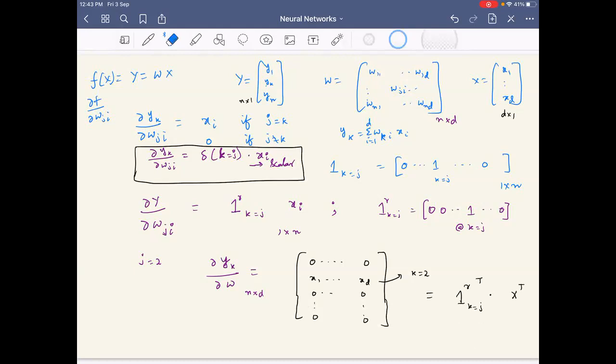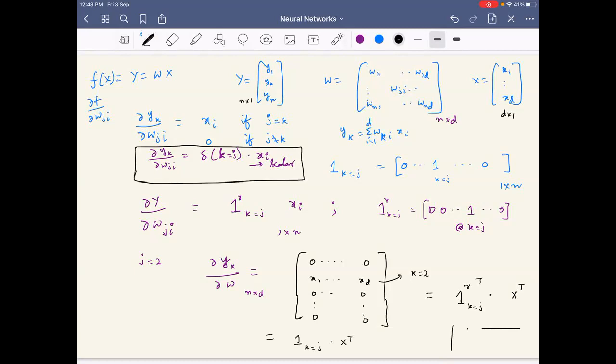We just made the arrangement such that we get this matrix. This product will give us this. So we can write this in a compact way: 1 k equal to z times x transpose.